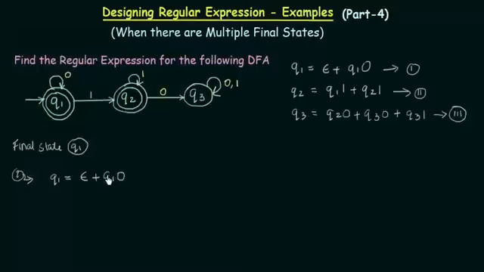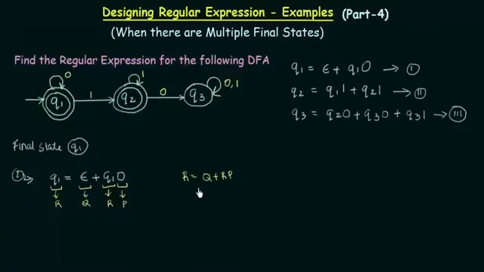If you see this equation, it is of the form R equals Q plus RP, where this Q1 is my R and this epsilon is Q, and this Q1 right here is also R, and this 0 is the P.